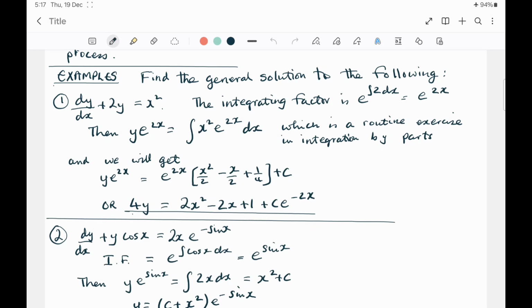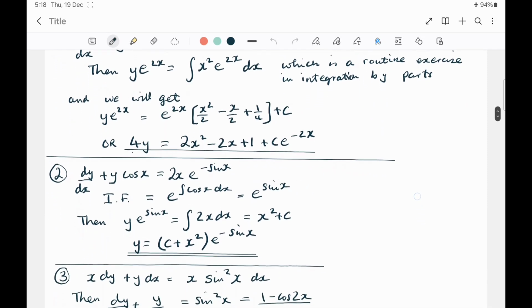Or just multiplying up by 4 and multiplying both sides by e to the minus 2x, will give us 4y equals 2x squared minus 2x plus 1 plus c, the constant, times e to the power of minus 2x. So that deals with the first one.